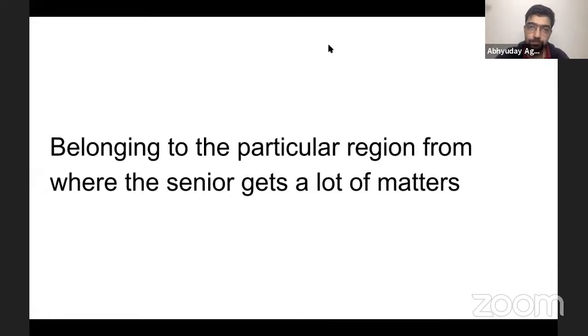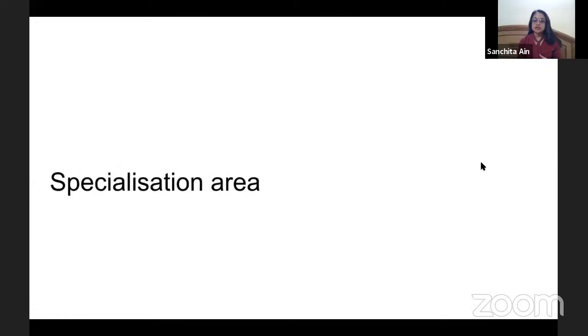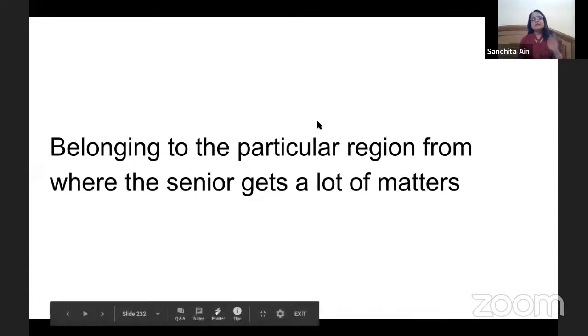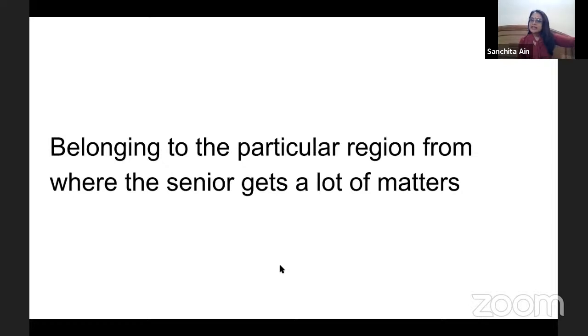Next, belonging to the particular region from where the senior gets a lot of matters. This is also something you can look for when you're applying for internships. You should look for seniors who have moved their practice from their state high court into the Supreme Court. Sometimes these seniors keep getting matters from just that high court, or predominantly their matters are from that state. Then that helps.